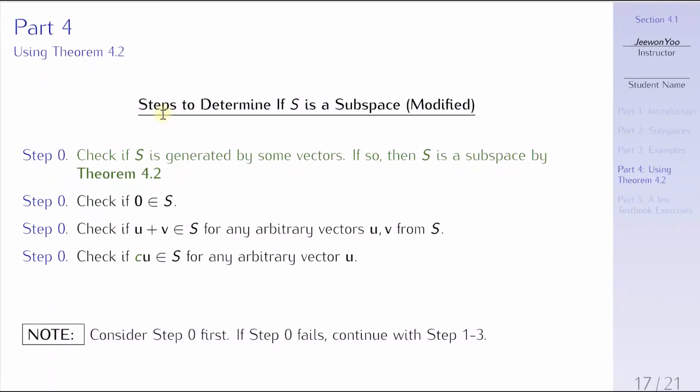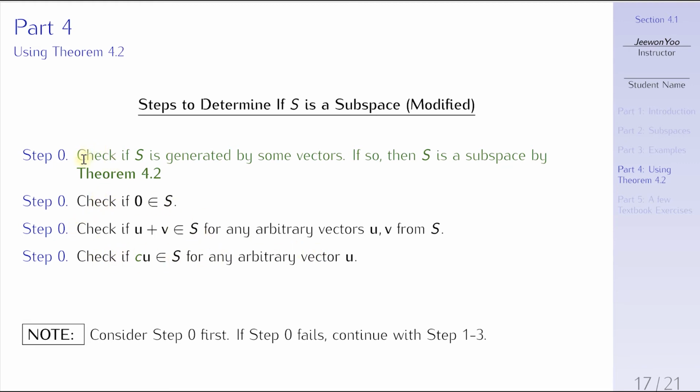So now you know one additional very useful theorem. How about before checking whether 0 is in S, U plus V is in S, or some scalar multiple of U is in S, we check whether we can use theorem 4.2 first so that we don't have to spend a lot of time repeating the same thing.